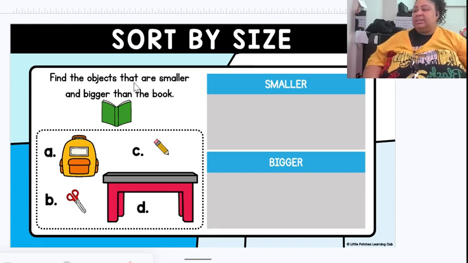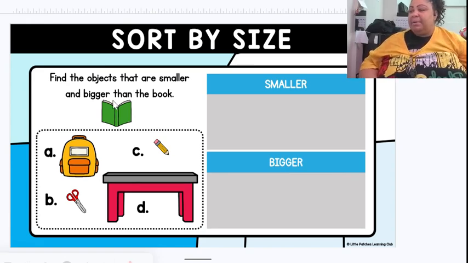Find the object that is smaller and bigger than the book. If they're smaller, you would put them in this section. If they're bigger, you would put them in this section.